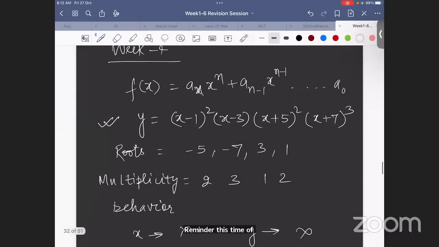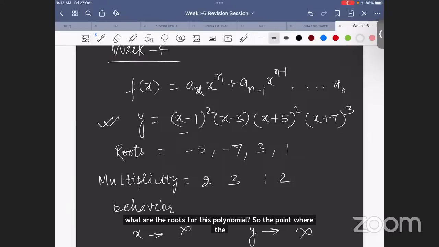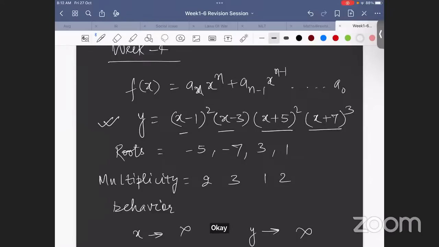So for this equation, what will be the roots? The points where the value of y will be 0, correct? So you have -5, -7, 3 and 1. And you can see the multiplicity also.